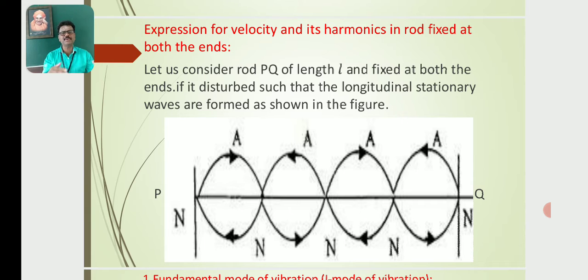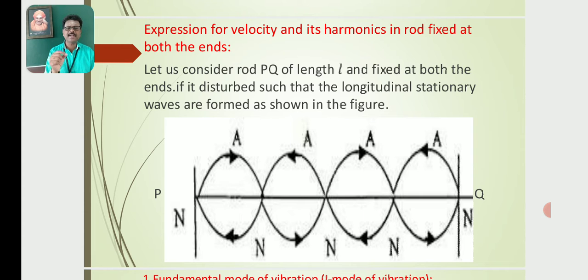We know that if two waves are superposed, if a crest of one wave falls on the crest of the other, or trough on trough, then at that point the displacement is maximum, the amplitude is maximum, the intensity is maximum, and that point is called an antinode.